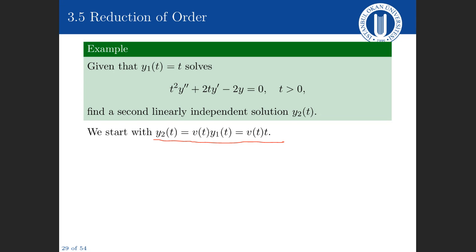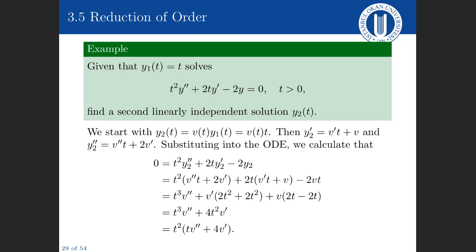We always start with the guess that y2 is equal to v multiplied by y1, which in this example means y2 is equal to v multiplied by t.